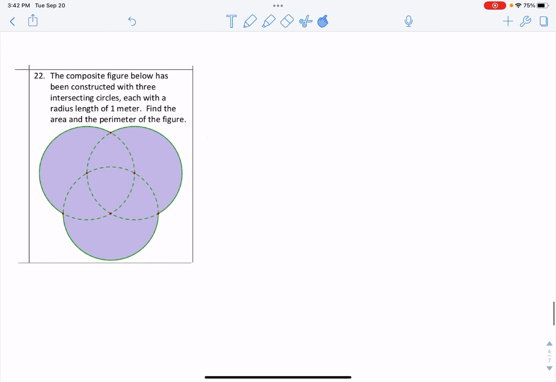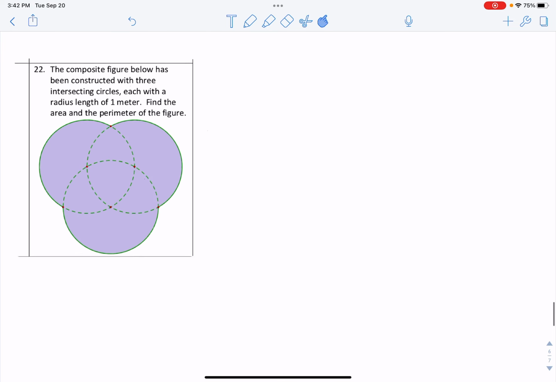And then this portion, the composite figure below has been constructed with 3 intersecting circles, each with a radius length of 1 meter. So from here to here, 1 meter.